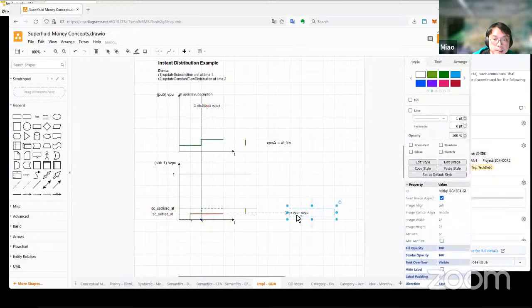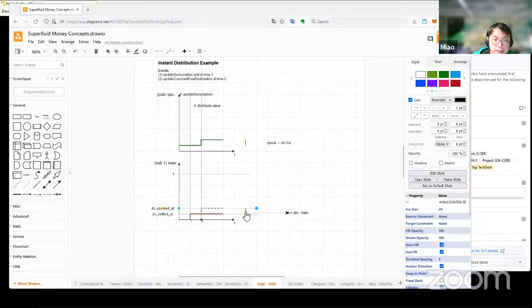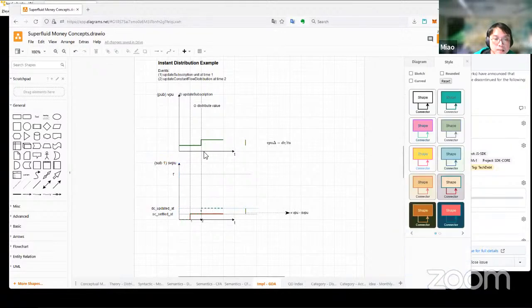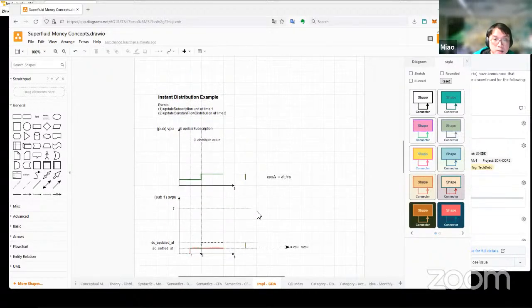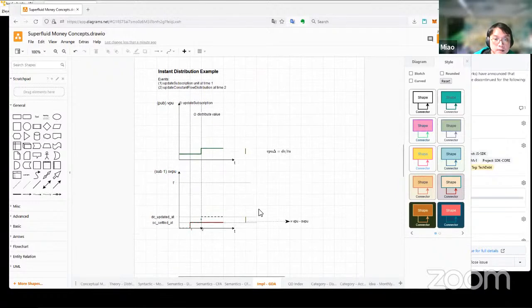So the delta between VPU and SVPU becomes this gap. And that's where the money goes to the subscriber, right? So basically that's all that's needed. The difference between VPU and SVPU goes to the subscriber. That's how it works with IDA, right? So that's a general idea.